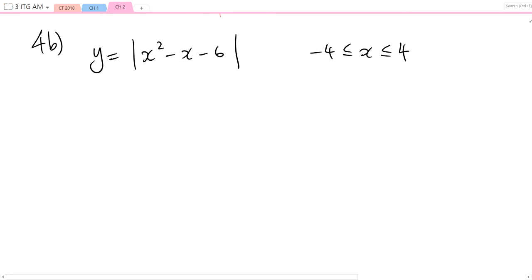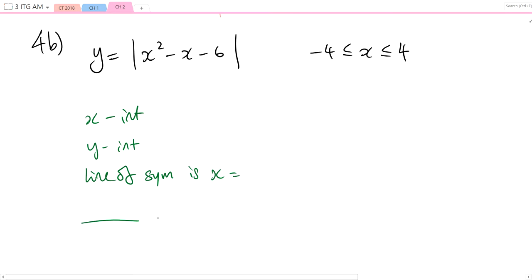Okay, we need our x-intercept, y-intercept, line of symmetry, x equals, and then we got a turning point. Both maximum and minimum. How many are you going to get over here? Because if you want to draw the total time also. Yeah, okay, we'll find it out later.